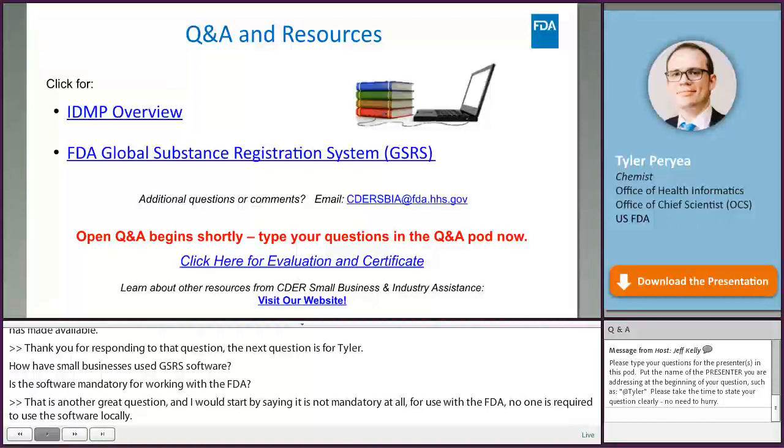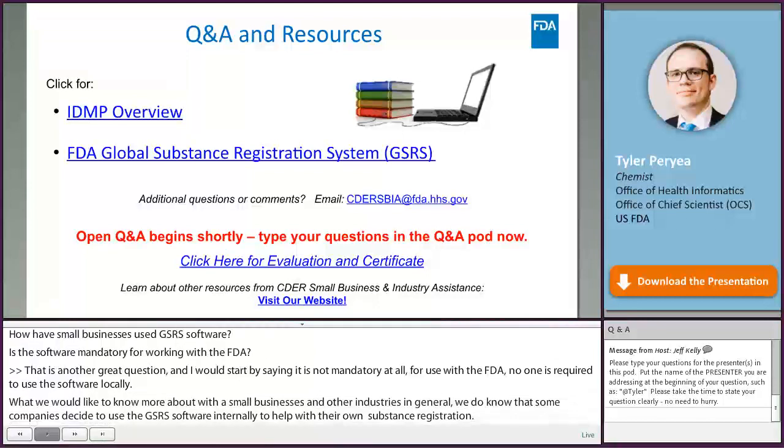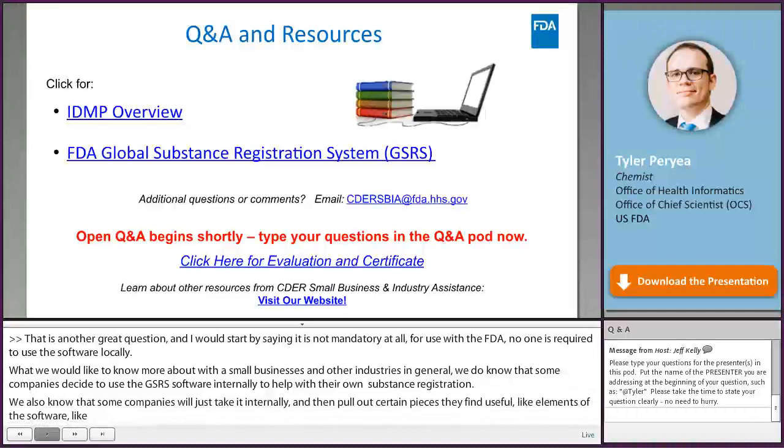We also know that some companies take it internally and pull out certain pieces they find useful, like the image to structure tool, or just the chemical rendering, and use those pieces together, and we allow that. We allow them to do what they would like with it. We'd love to hear more from industry on how they're using it.